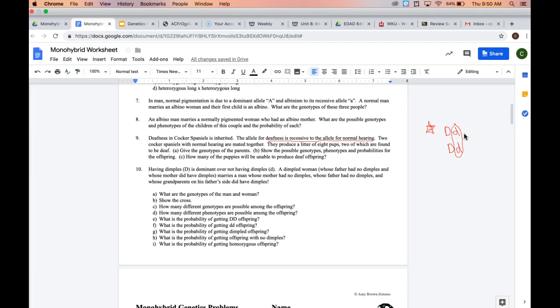So they are both heterozygous. They are not deaf, but they each carry the allele for deafness. So it says give the genotypes of the parents. Here they are. Show the possible genotypes, phenotypes, and probabilities of the offspring.